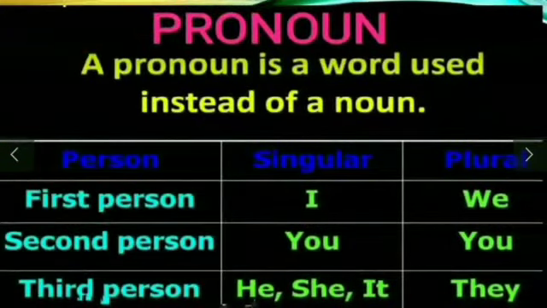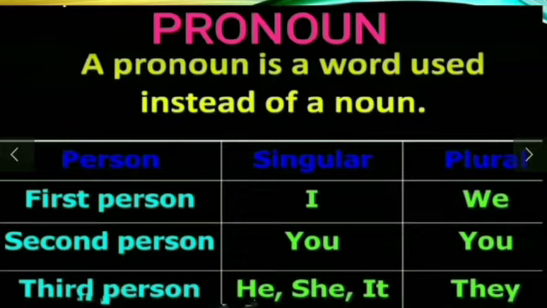So friends, now we all know that a pronoun is a word used instead of a noun. In the first person, we use the pronoun word I for singular and we for the plural nouns. Similarly, in the second person, we use the pronoun word you for both singular and plural form.